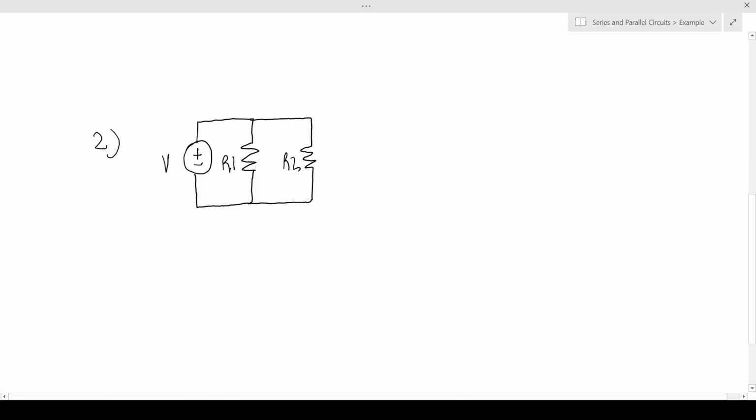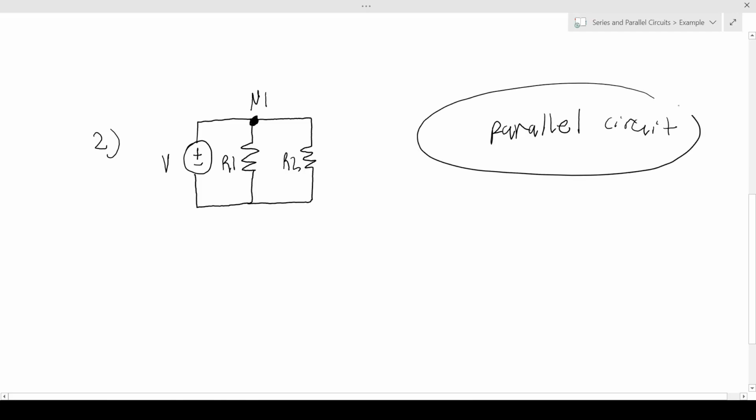The first thing we notice about the second circuit is that we have a node, and the node is right here. So this right here is a node. With that being said, that makes this circuit a parallel circuit. Current will flow through the positive terminal of the voltage source, and then it will hit the node.